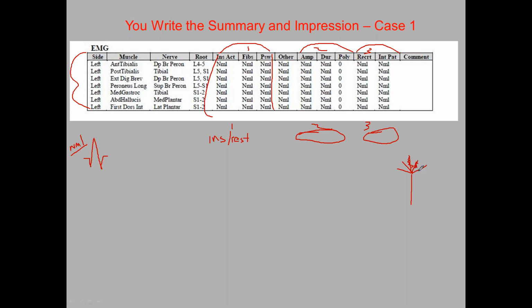It's going to come back because this branch sends new growth out to here, and this branch sends new growth out to here, so that our tree now looks like it used to, right? That's collateral axon sprouting. That process, before we ever see it with an EMG, is going to take 8 to 12 weeks.